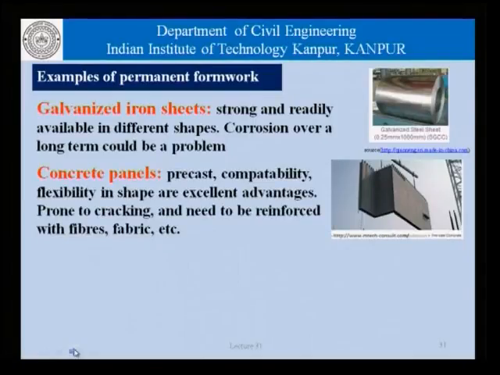Concrete panels which are precast are highly compatible with concrete construction. We have the flexibility in shape and excellent advantages in that context. However, these concrete panels are prone to cracking and need to be reinforced with fibers and fabric like we saw in the previous pictures. And here is an example of these panels being erected and placed in position for the concrete to be cast.